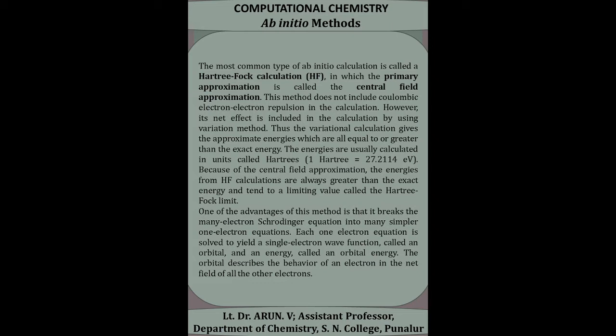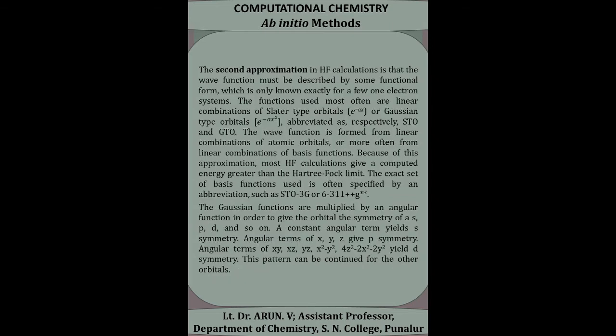One advantage of this method is that it breaks the many-electron Schrodinger equation into many simpler one-electron equations. Each one-electron equation is solved to yield a single electron wave function called an orbital and an energy called orbital energy. The orbital describes the behavior of an electron in the net field of all the other electrons.